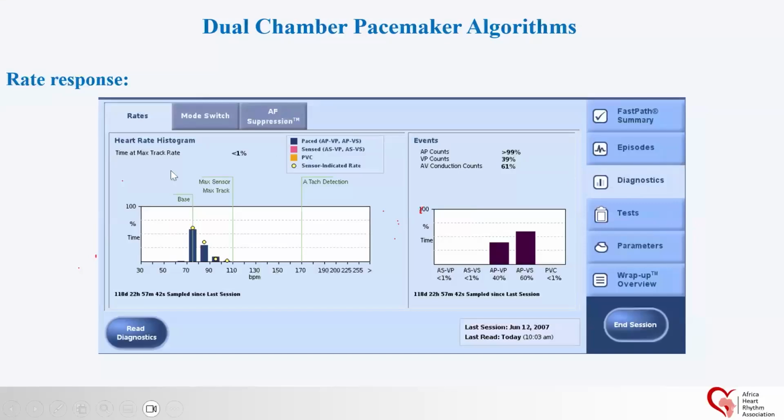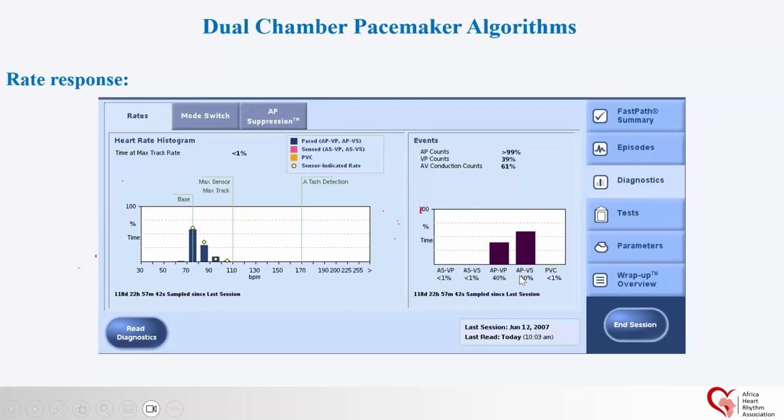Okay, so in this case, we will go in diagnostics to check how the sensor works, and we'll also check the pacemaker statistics. For example, here we have atrial pacing greater than 99% and ventricular pacing about 60%.